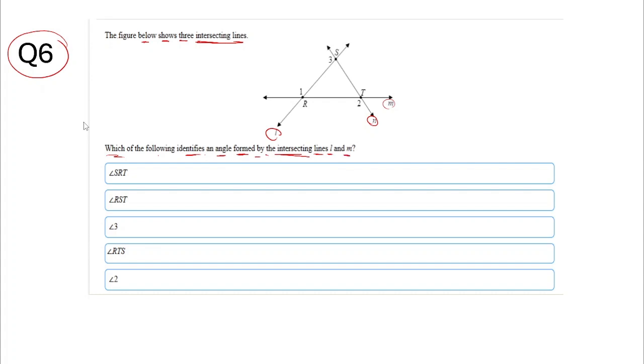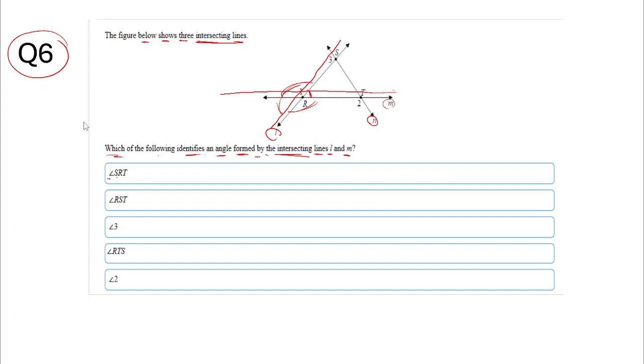Okay, where is the line L? This is the line L, and this is the line M. That means where is the angle? The angle is here, here, here, here, right? They are these lines intersecting.